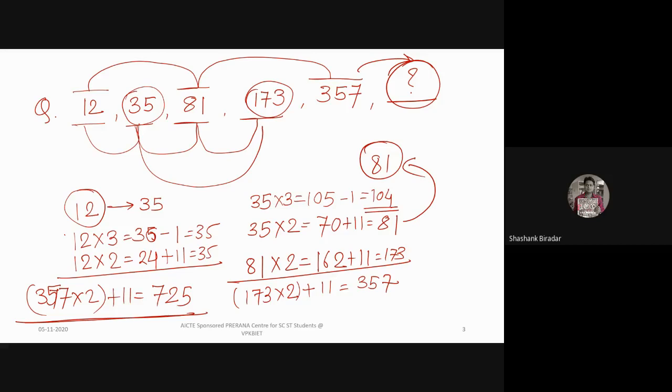Sometimes the figures are directly correlated. Sometimes odd place figures are correlated. Sometimes you have excluded figures. So firstly apply the logic and test whether your logic is working correctly or not. Then only you will be able to apply it, right?